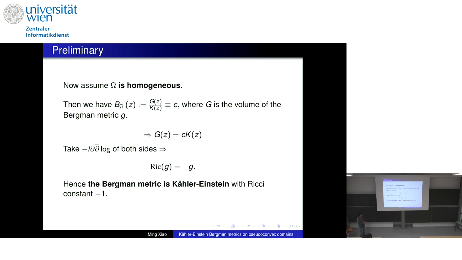And for the right-hand side, because we take ∂∂̄ of log, this constant C goes away, and it is precisely the definition of the Bergman metric up to a minus sign. So this is precisely the definition of being Kähler-Einstein with Ricci constant -1. So what we have convinced ourselves on this slide is that if we assume the domain is homogeneous, then the Bergman metric is Kähler-Einstein, or the two canonical metrics we are interested in coincide.